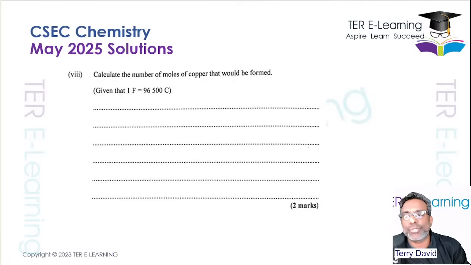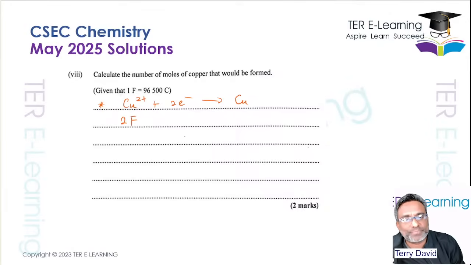So let's go back to our equation at the cathode, which is Cu2+ plus 2 electrons produces copper solid. Now, the question is saying calculate the number of moles of copper that would be formed. According to this equation, 2 Faradays produces 1 mole of copper.